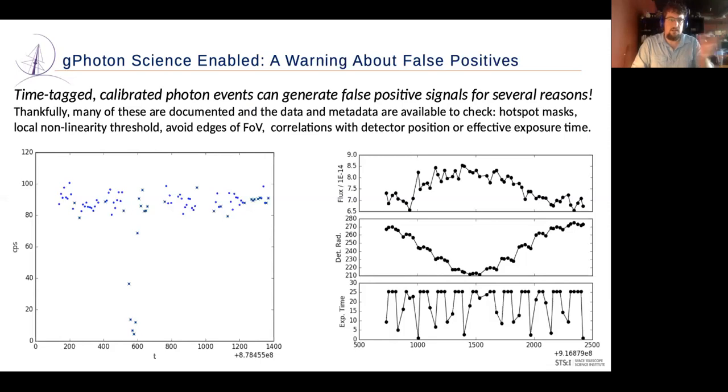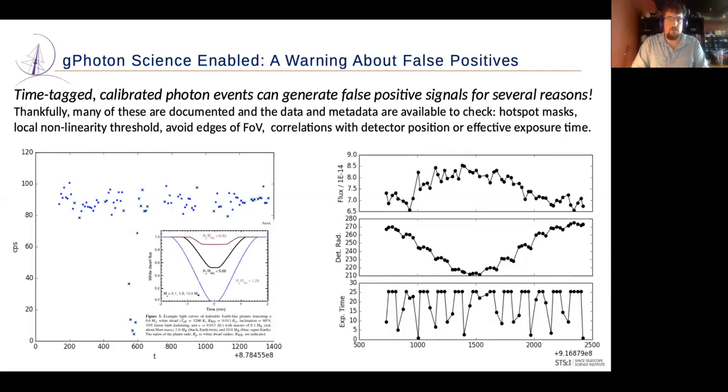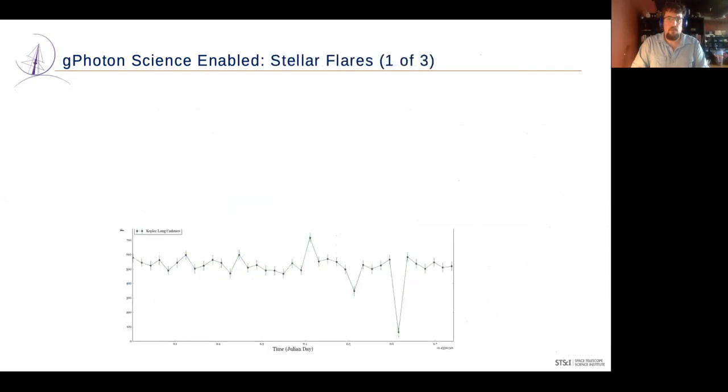The one on the left is what we call a hotspot transit, so that could look like a star transit, but it's actually where the hotspot mask goes over the aperture. And the things on the right are situations where the flux is heavily correlated to the detector position and the exposure time. There are a bunch of reasons why that sort of false positive occurs, which I can go into if someone's interested.